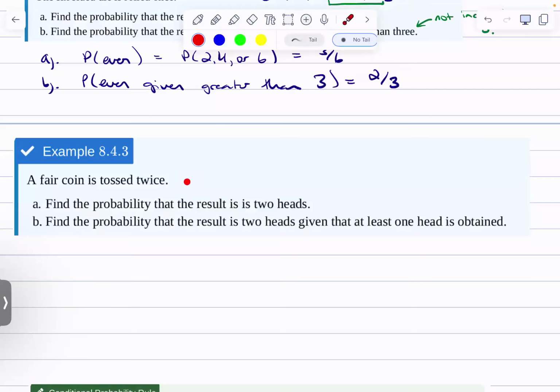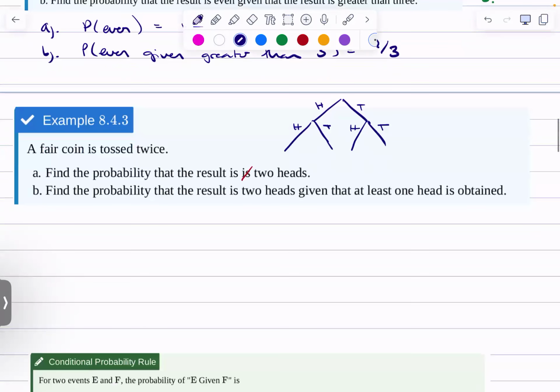A fair coin is tossed twice. Find the probability that the result is 2 heads. Again, it might be nice to have a look at the sample space, right? And so you toss a coin, heads or tails, and you toss it again, and you get heads or tails. So then you can get heads, heads, heads, tails, tails, heads, tails, tails.